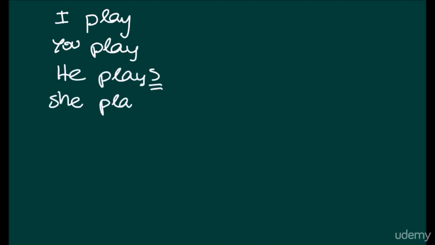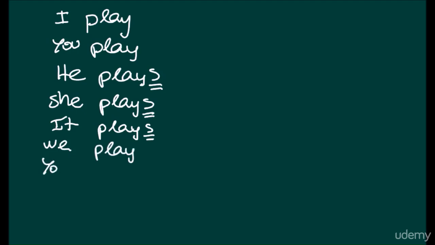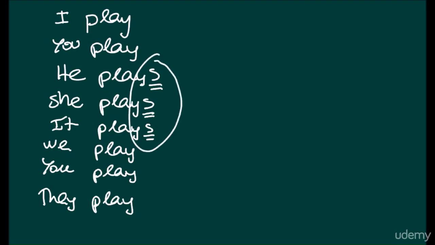So the subjects he, she, it make the verb end in S. Plural subjects, we, you, and they play. As you see, the different ones are he, she, it, where the verb ends in S.